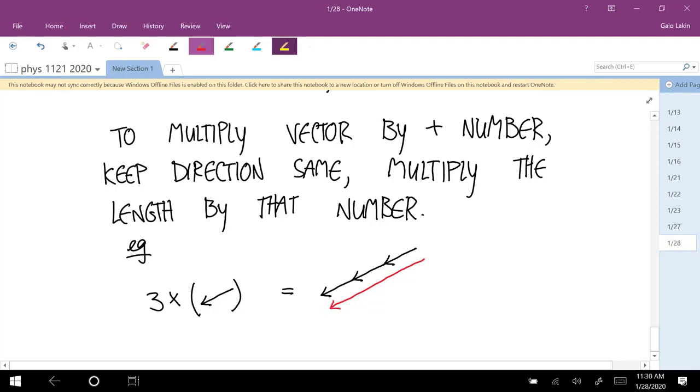Okay, keeps the same direction. The length changes by 3. Can you make vectors shorter by multiplying by a number? Yeah, the number just has to be less than 1.